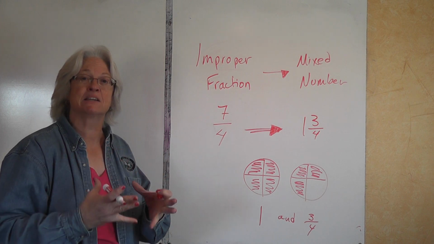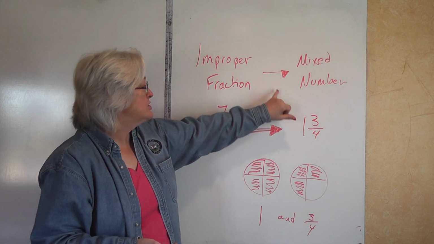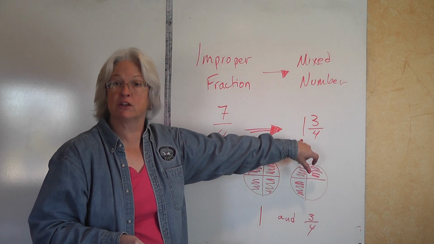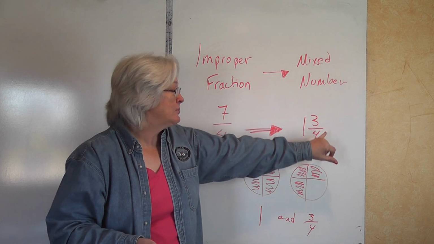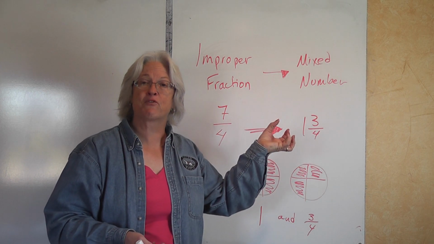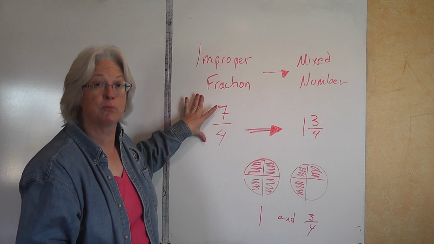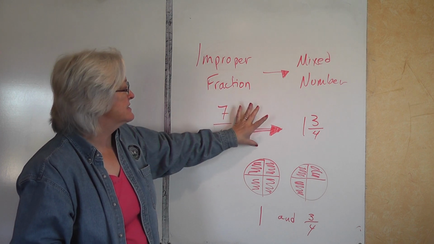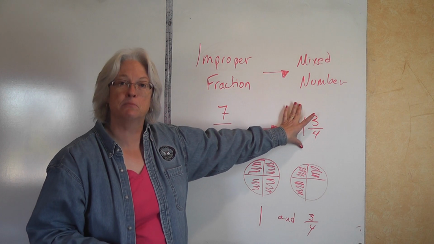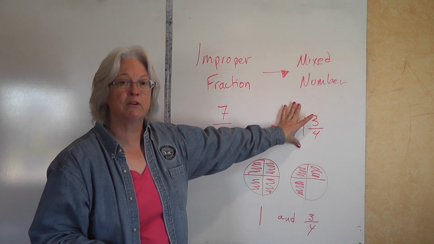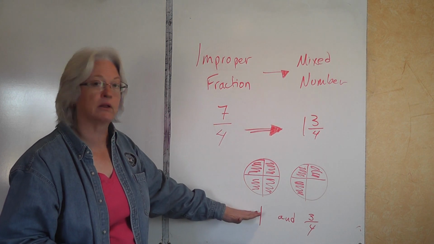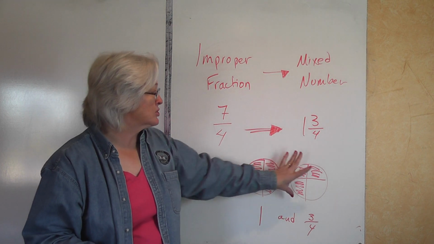It's called a mixed number because you have a portion of that number that is a whole number, and a portion that is a fraction. 7/4 as an improper fraction has the same value as the mixed number 1 and 3/4. And we see this very clearly with our picture.